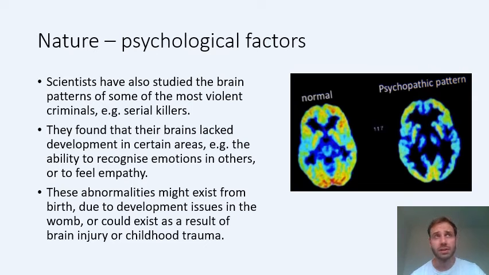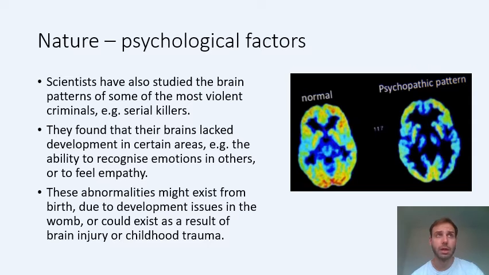So often if something is dropped onto the head of a child in the development stage, then that can really stunt the development of the orbital cortex, which is the front of the brain, which is where you register emotion and empathy. That might not develop properly, or childhood trauma.